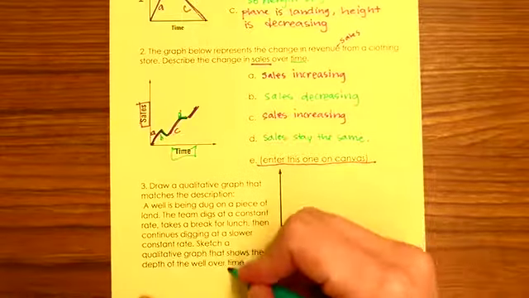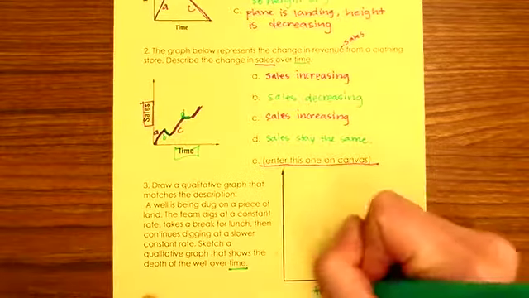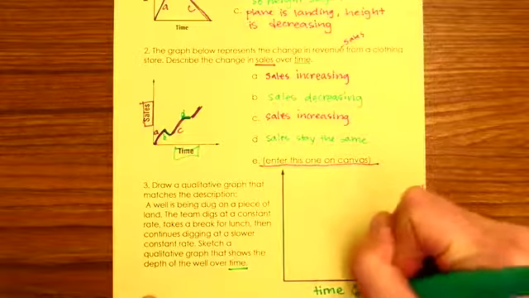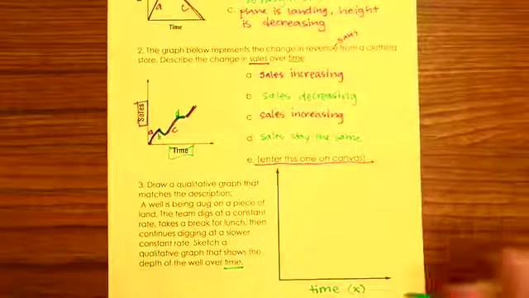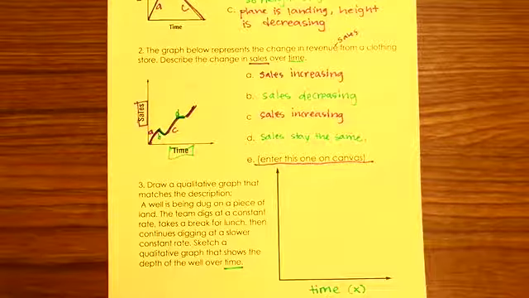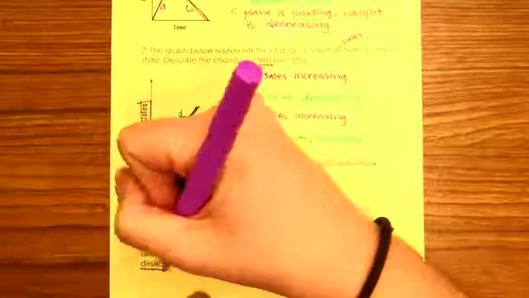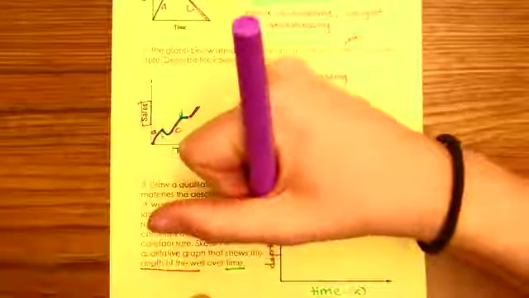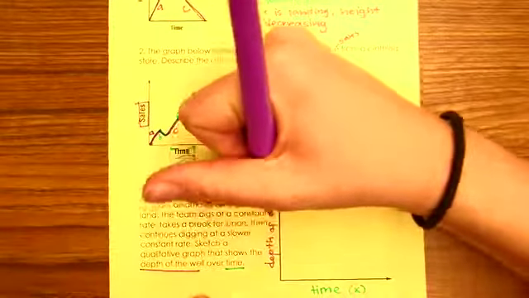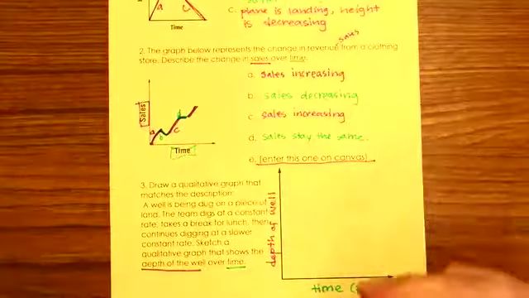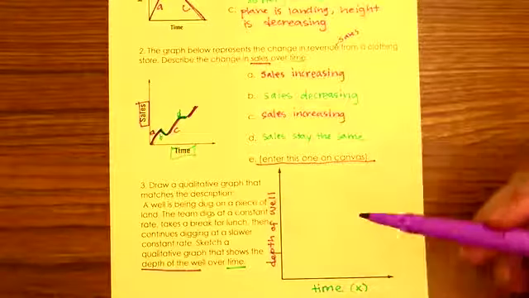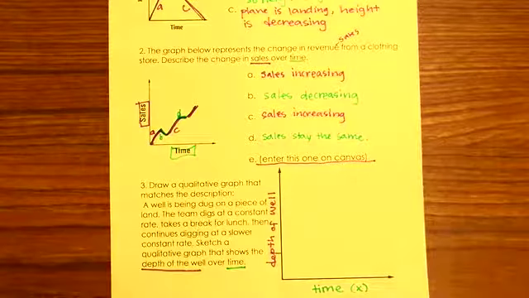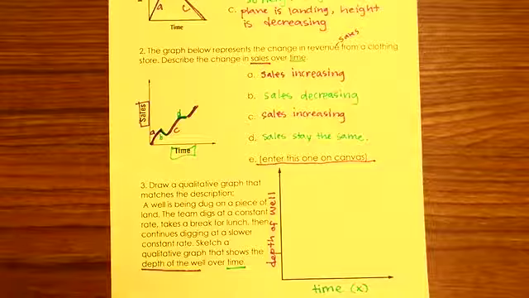So, time will be our x-axis because that's what's changing consistently. Time is always going to be moving forward at the same rate. And what's changing is the depth of the well. So we'll label our y-axis as depth of well. However our line is changing, it will show how deep they are in digging the well.